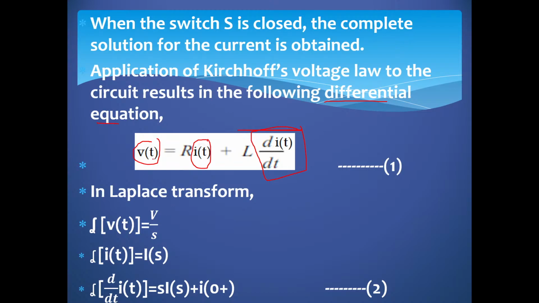I'll continue. So here, how many variables are there? V of t, which is a function of time, I of t, and d by dt of I of t. Three terms are functions of time. V of t is nothing but the source, so Laplace of v of t is v by s. Next, Laplace of I of t is I of s, and for Laplace of d by dt, you will get s into that term.